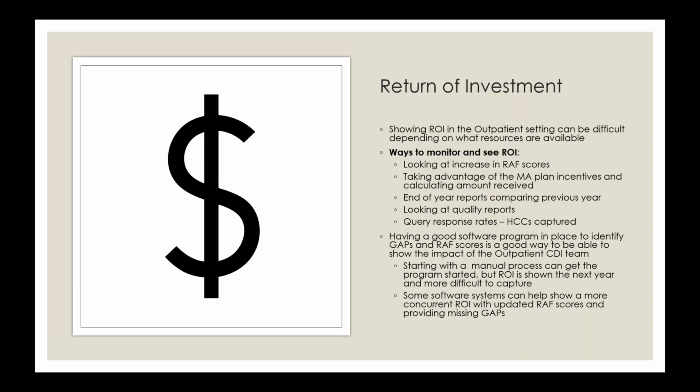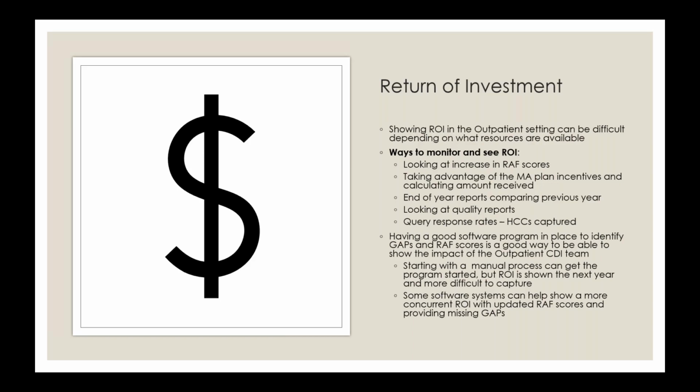And then maybe taking advantage of those Medicare Advantage plan incentives. So maybe you can look at, okay, this is what they are offering for incentives, and then we were able to answer some of these, and that's how we're able to show the worth of that program, by saying this is the incentive amount that we were able to capture through those. Maybe looking at the year-end reporting, comparing each year to the previous year, your quality reports, and maybe your HCC capture rate.